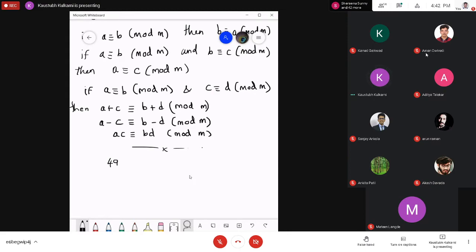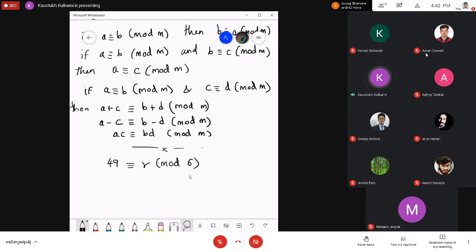Let's say you want to find the remainder when 49 is divided by 6.